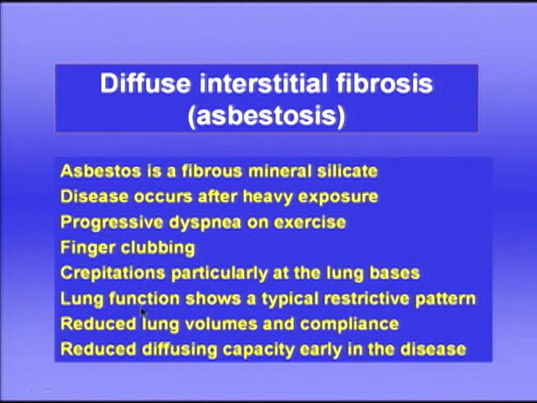Lung function shows the typical restrictive pattern that we talked about extensively in the session on restrictive disease. There's reduced lung volumes, the compliance is reduced, and the diffusing capacity is reduced. So these are all typical findings of diffuse interstitial pulmonary fibrosis, caused in this case by asbestos.